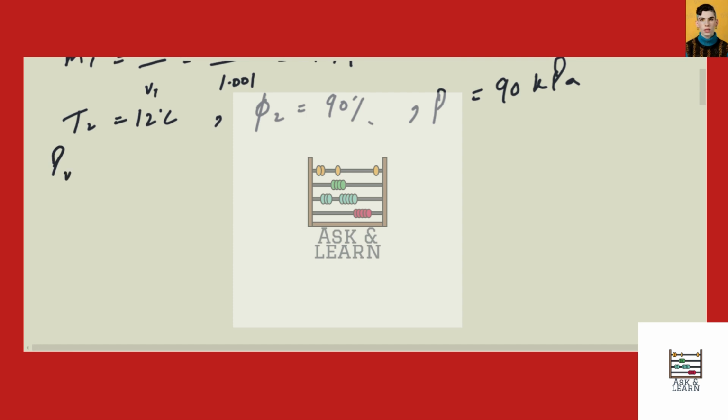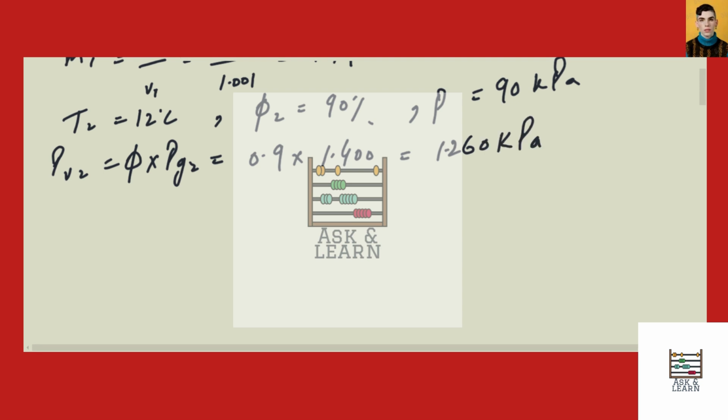So PV2 is equal to phi2 multiplied by Pg2, that is equal to 0.9 multiplied by 1.400, is equal to 1.260 kilopascal.